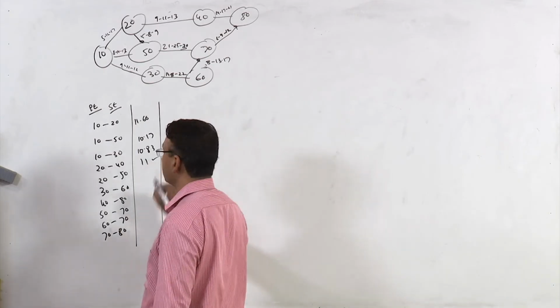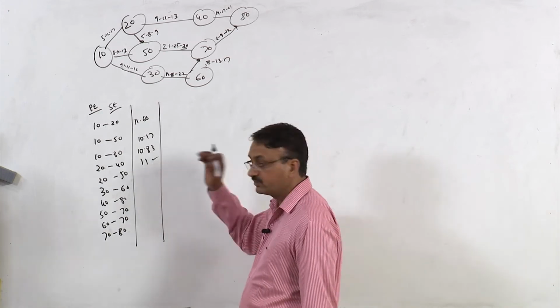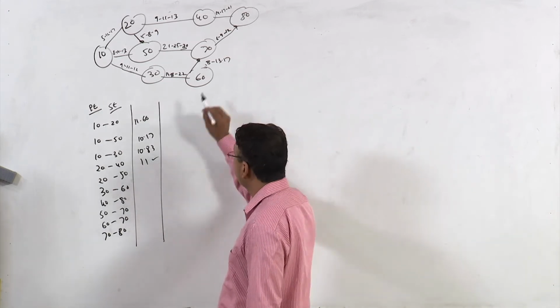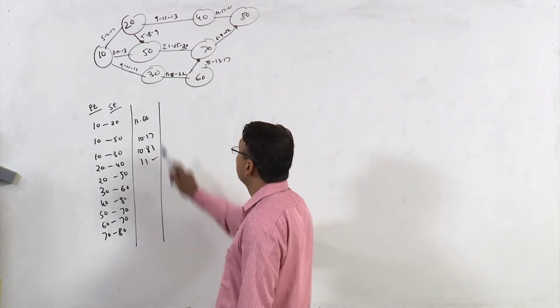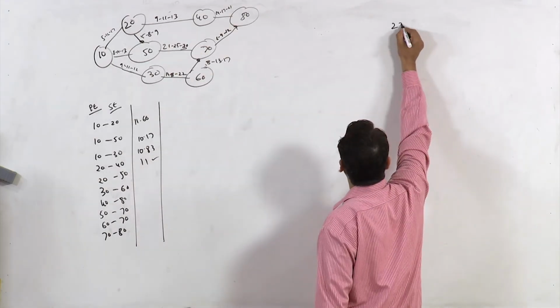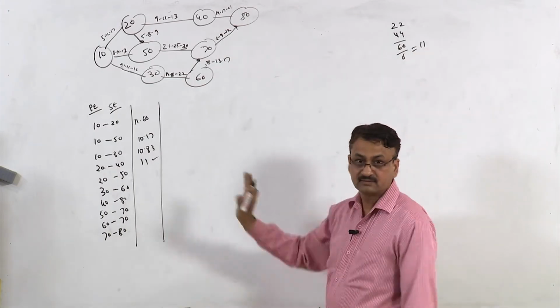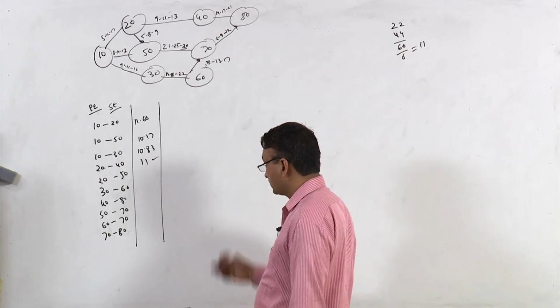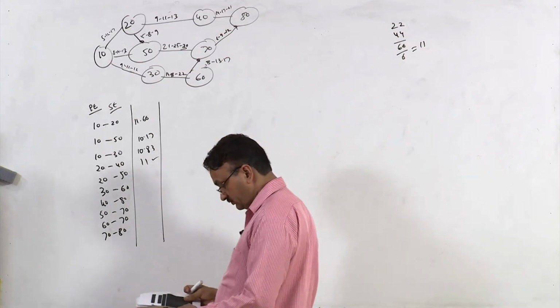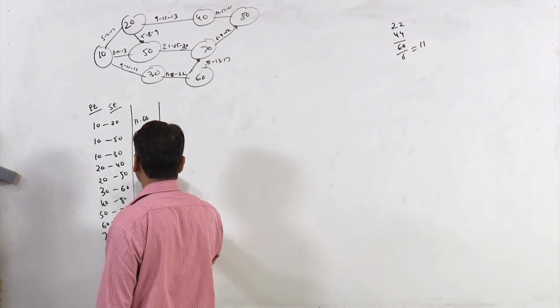Just check whether this is correct or not, right? Because this is a simple value, let us check for this. So 20 to 40: 9 plus 13, 22, 22 plus 44, 66 divided by 6 is 11, right? Isn't it? So the value for 20 to 50 is 7.67.